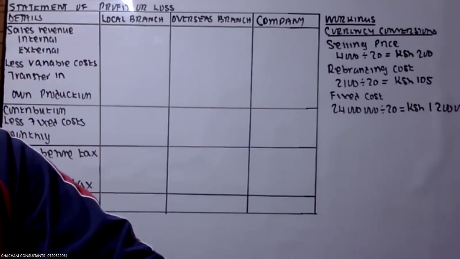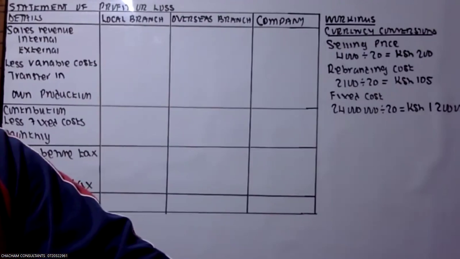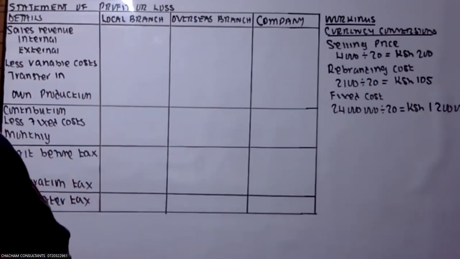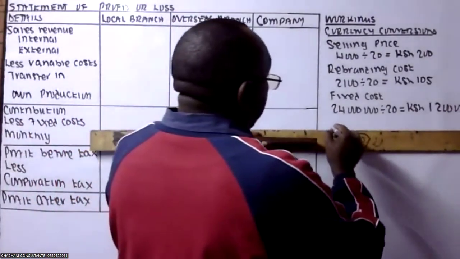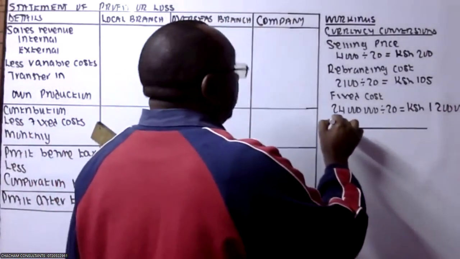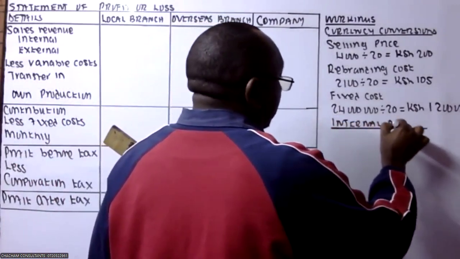We are going to respond to that together with information 4, that the transfer pricing policy is that the local branch must satisfy demand from the overseas branch for processed milk before selling any to external demand. So let's handle the internal demand.